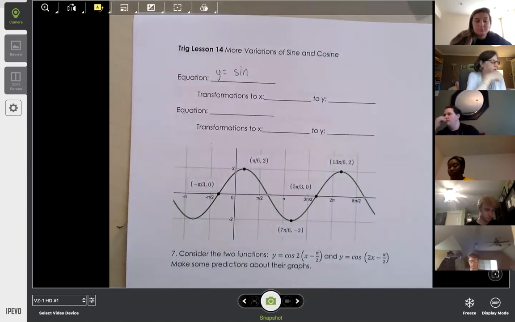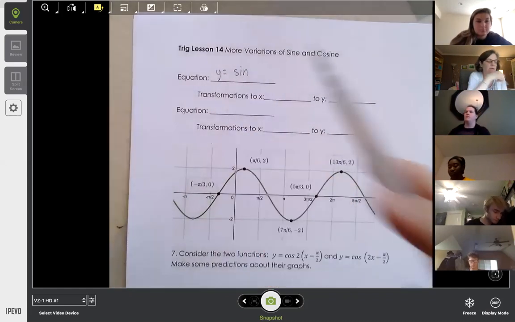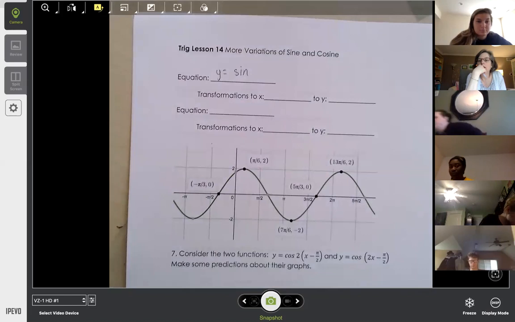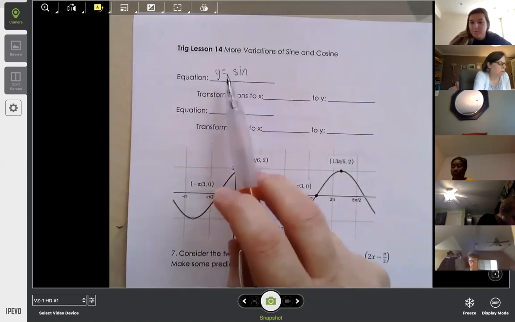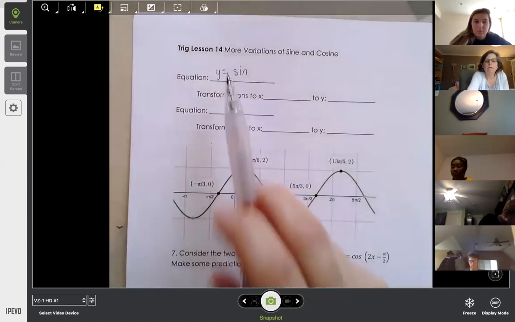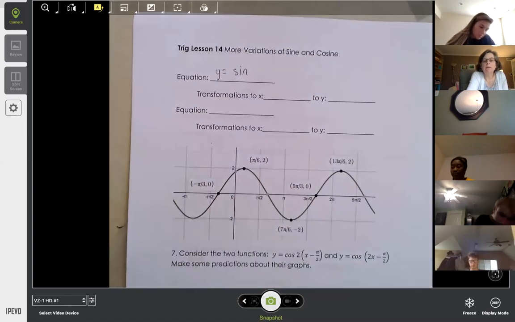How do I finish that? What number do I need in front of the sine, if anything? What do you think, Maggie? Do I need to be multiplying the sine by something?